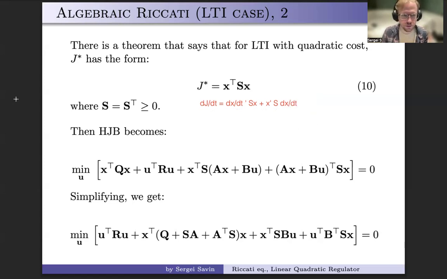That's what I would have. So the time derivative of this would be equal to x dot transposed times sx plus x transposed s x dot. And now each of those x dot just becomes ax plus bu. And that's how you can remember.